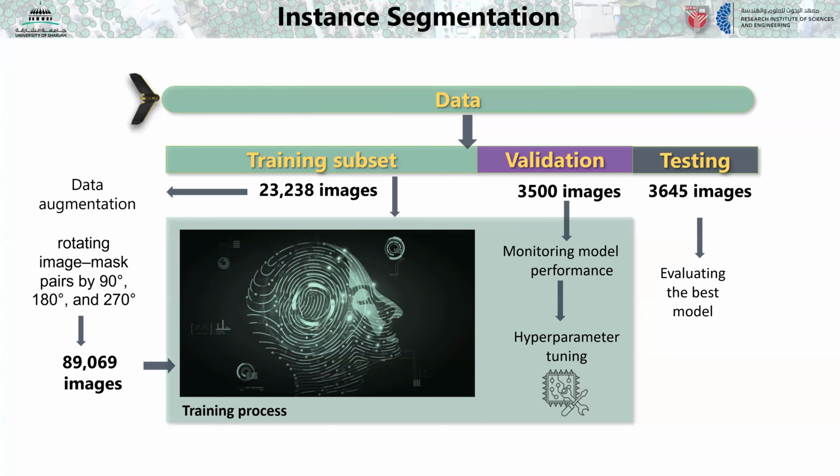And also a set of 3,600 images was used as an independent testing data set. After the best model is selected, this data set is used to evaluate how the model will perform on a new data set. I forgot to mention that the training data set was increased 3-fold by artificially rotating the image-mask pairs by 90, 180, and 270 degrees.